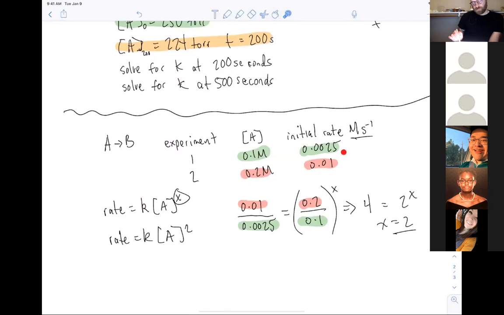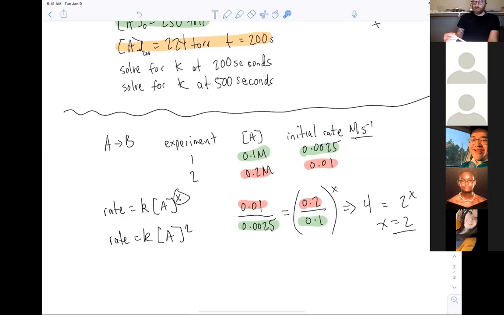Oh, is it because the k's would just cancel each other out? Yeah, you answered your own question. Since k is constant, whatever its effect is on the initial rate, we're not going to be able to see that anyway. Does that make sense?